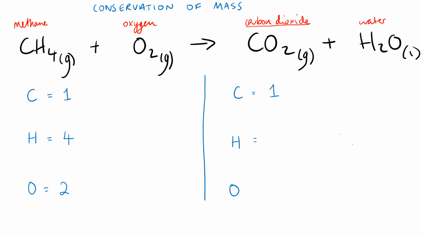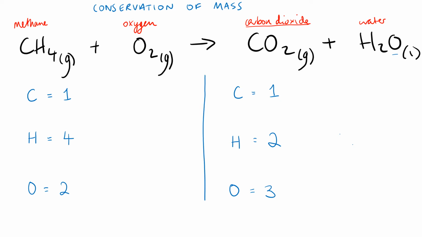But because it's H2O, we only have 2 hydrogens present on the right. And if we look across our products, CO2 and H2O, we've actually got 3 oxygen atoms.